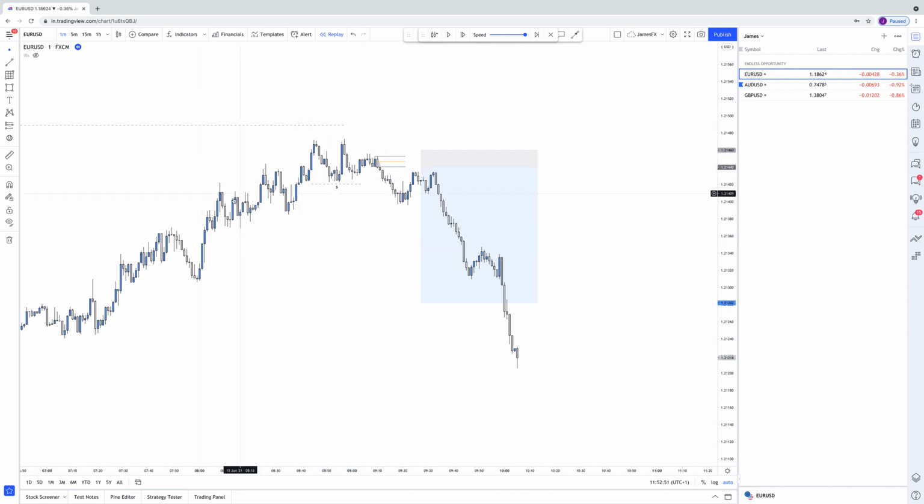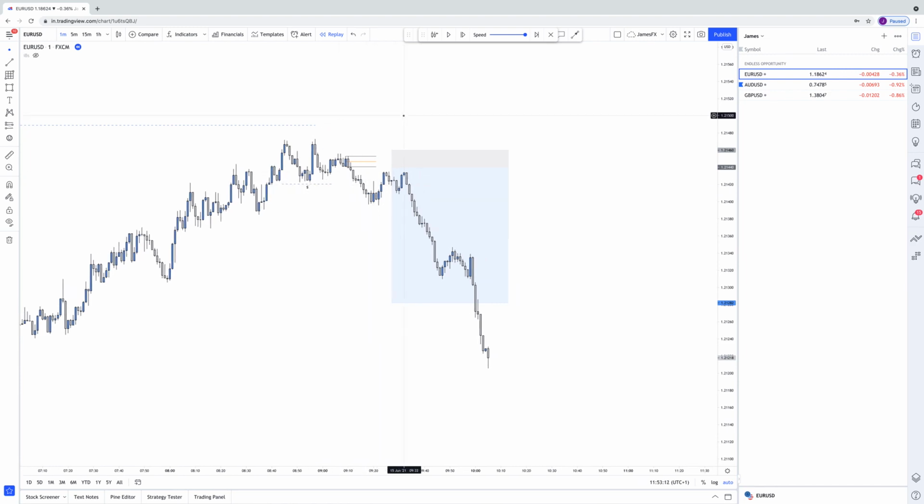Whereas here we're putting in higher highs and higher lows. Then price failed to put in a higher high here, and it actually put in equal highs. And then we actually broke structure. So the first time we actually broke structure was here, and we took liquidity.